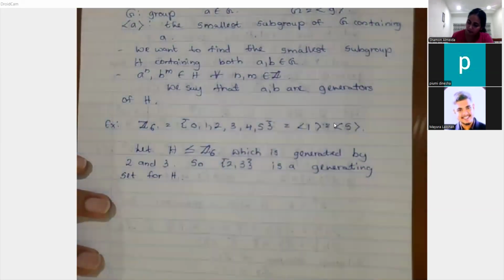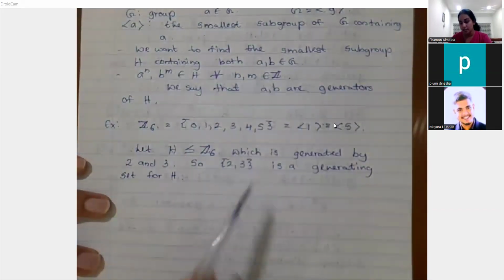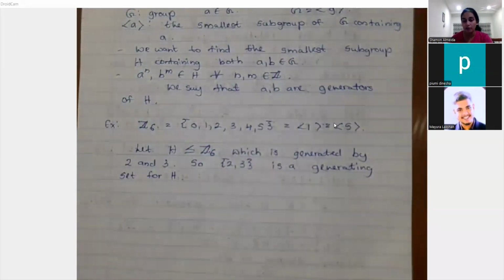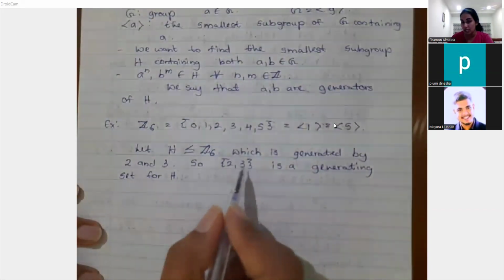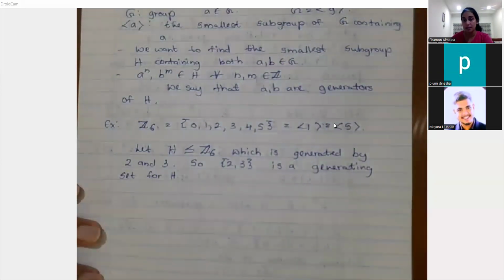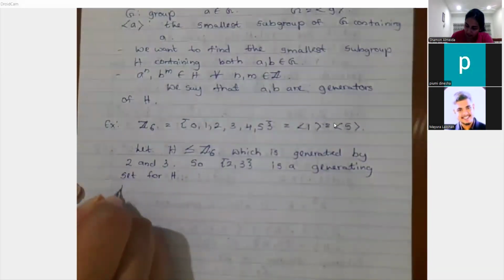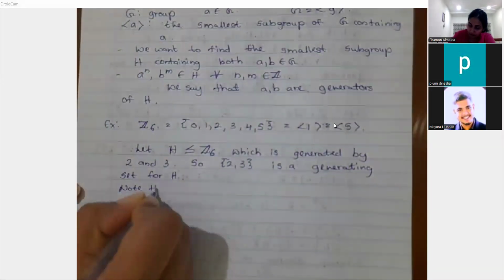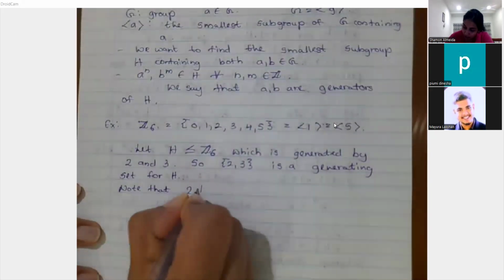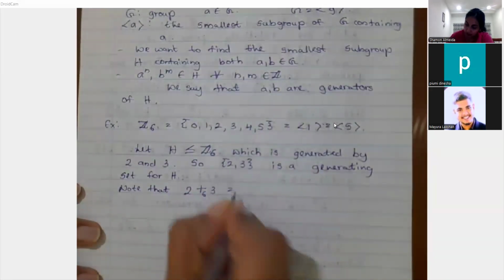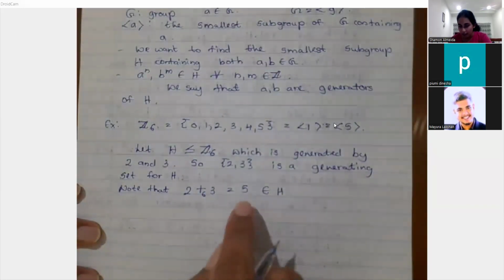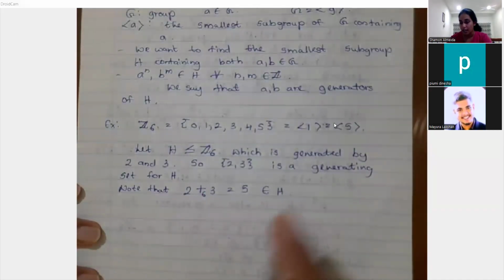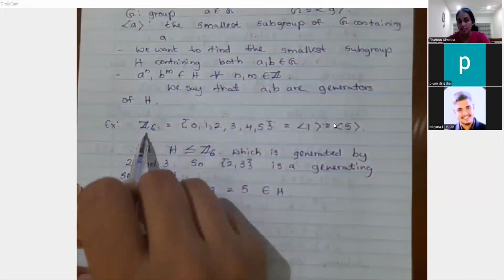Now, observe that if this is a generating set for H, any power of 2, any power of 3 must belong in H. Not only that, when you apply the binary operation to these two elements, they also must belong in H. Now see, note that 2 addition modulo 6, 3 is equal to what? 5. 5 is an element in H, and 5 is a generator for Z6.